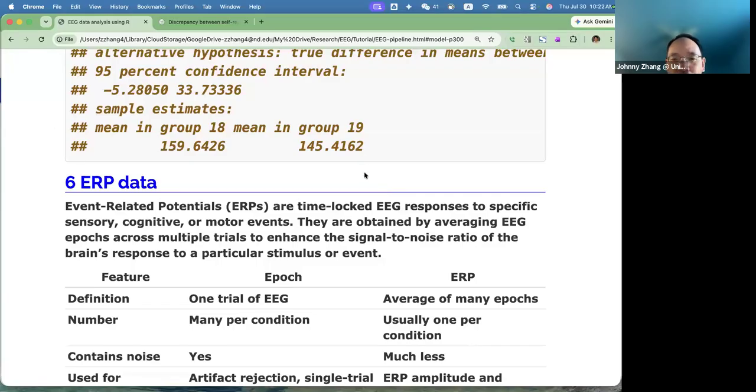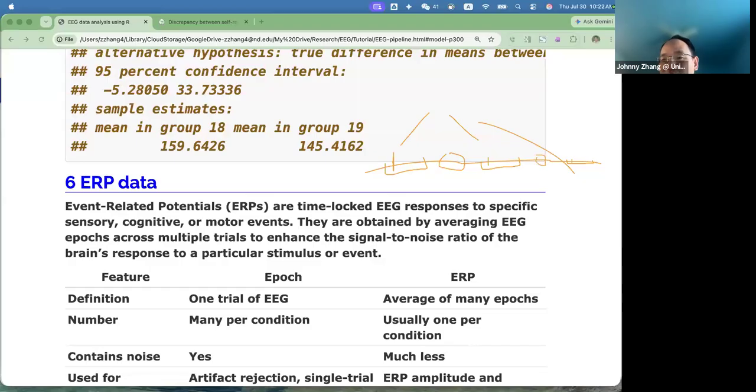So for example, this may be the first image, so we have an epoch here. The second image, we have an epoch here, right? And this is the third image. So what we can do is average those three epochs together. So this is for one type of image, right? And then for another type of image, it could be here.